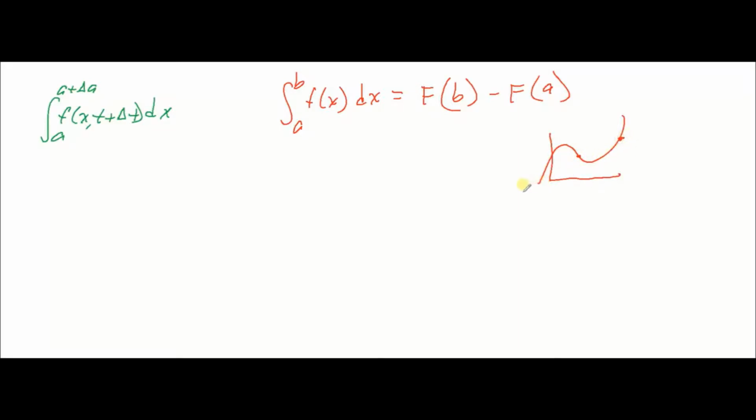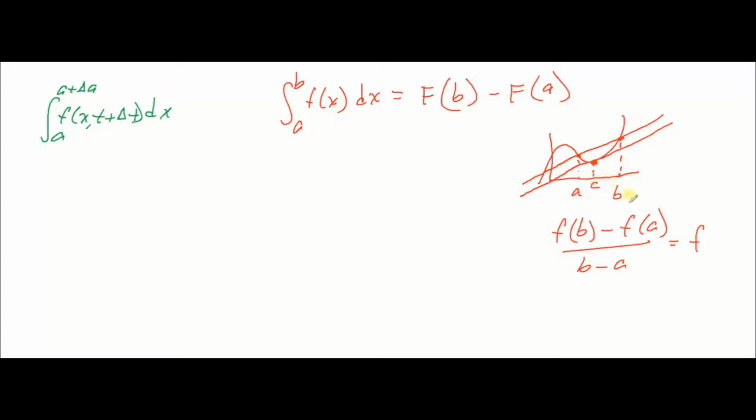So if we have a secant line going through 2 points, let's just call that A and that B, we know that the slope of this is equal to f of... We also know, according to the intermediate value theorem for derivatives, that there's going to be some point in between here, at least one point, where you could draw a tangent line such that its slope is equal to, okay, we'll call this C, in between A and B. And if we take the derivative function and evaluate it at C, there's going to be some C in there where the slope is equal to the secant slope.